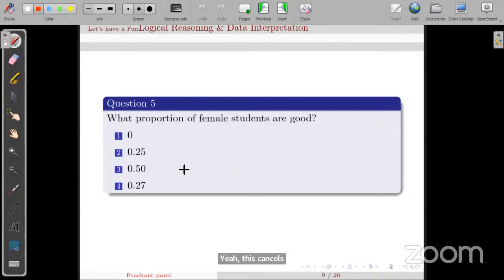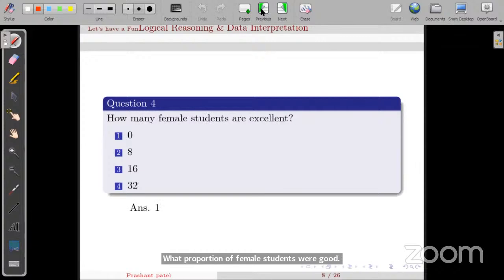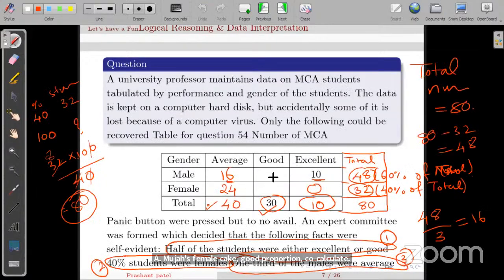But I'm looking for the next question. What proportion of female students were good? Now I have to calculate the good proportion of female students. So I need this figure too.